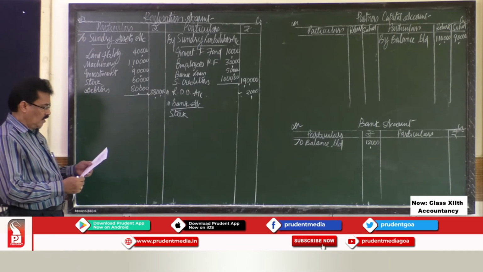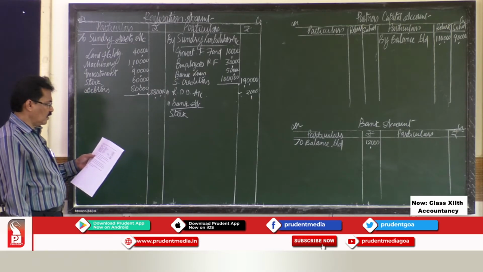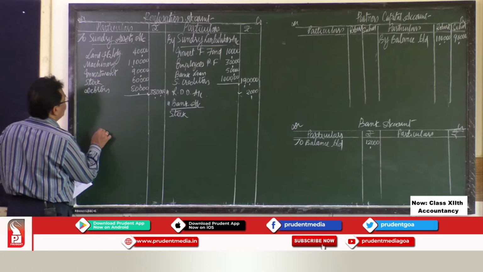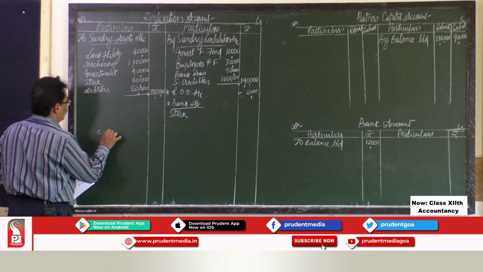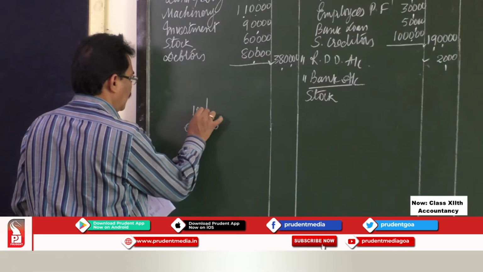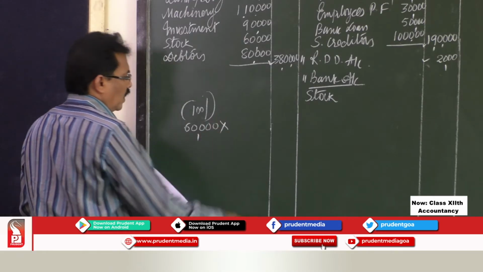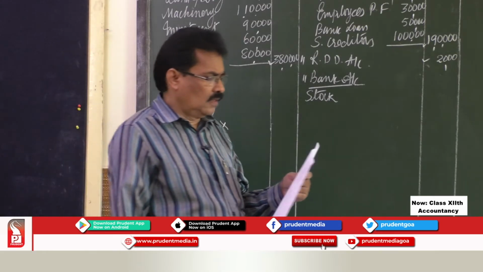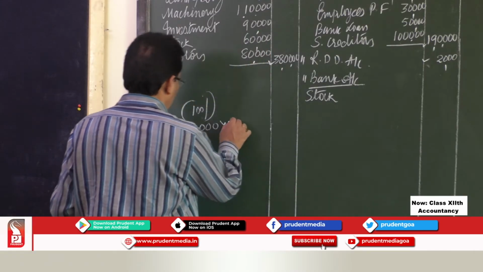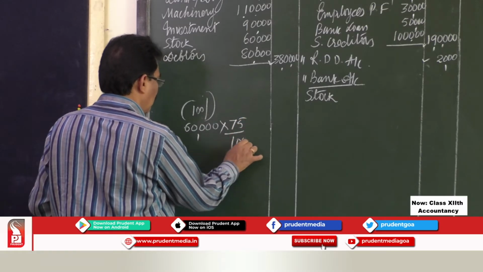So book value is 60,000, this is 100%. Now, it is sold at a discount of 25%. That means we realize only 75% of this.